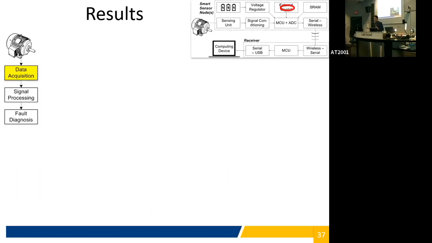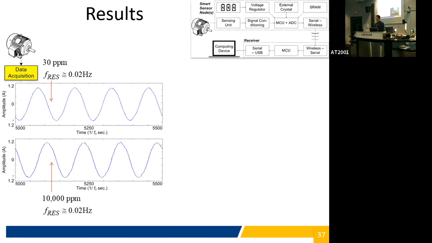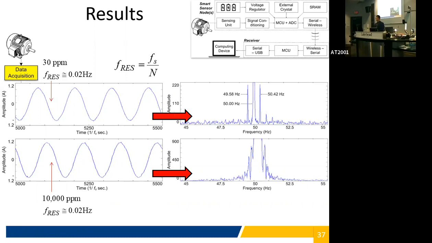So results around this are shown as follows. With regards to an external crystal that's attached to time the system, we have these kinds of results. On top here, we see a 30 parts per million crystal, and on the bottom, we see a 10,000 parts per million crystal with the same frequency resolution. Frequency resolution being the sampling frequency over the number of samples. In theory, we should be able to see the same frequency components.